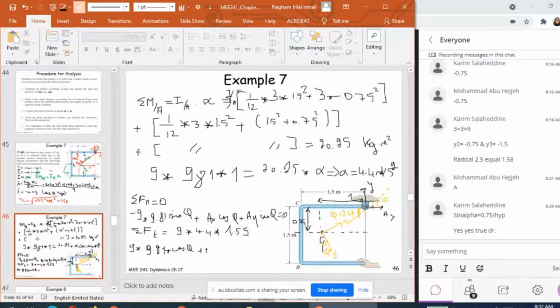Okay, plus ax sine phi minus ay cosine phi is equal to this one. This means, guys, you now have two equations in two unknowns, so you can find ax. It is almost equal to 29 Newton and ay 49.